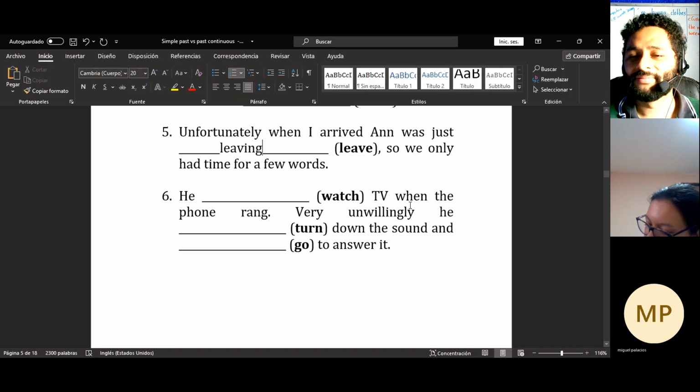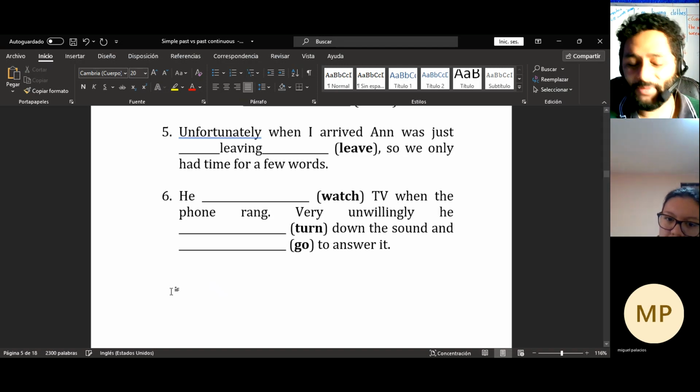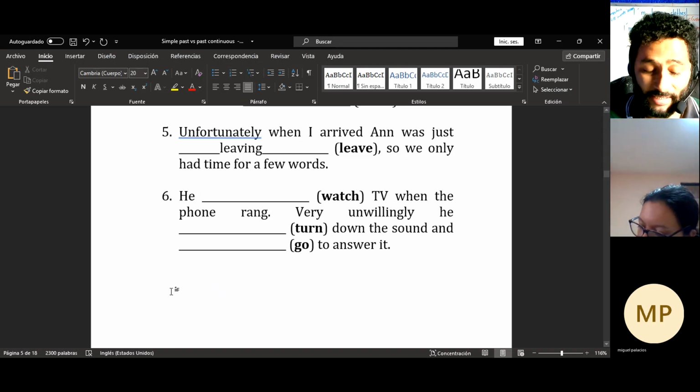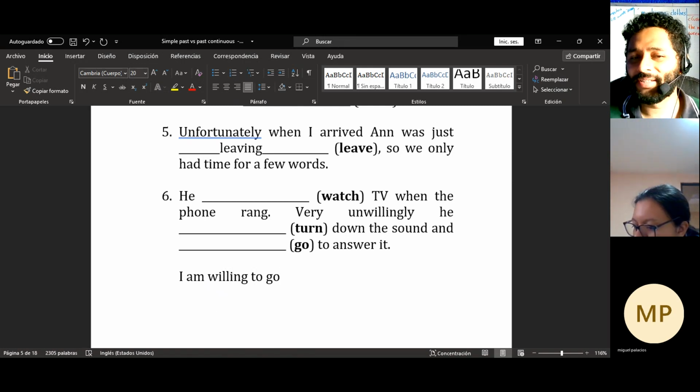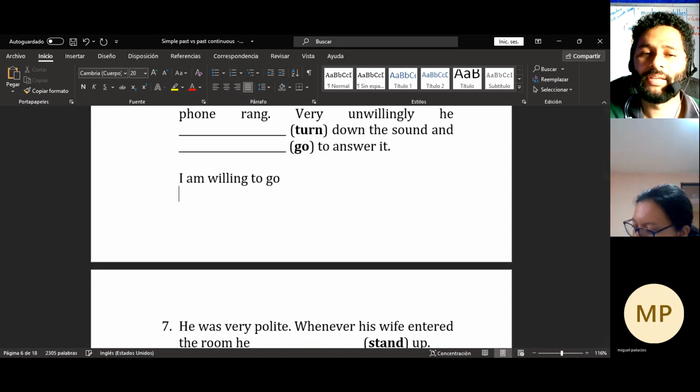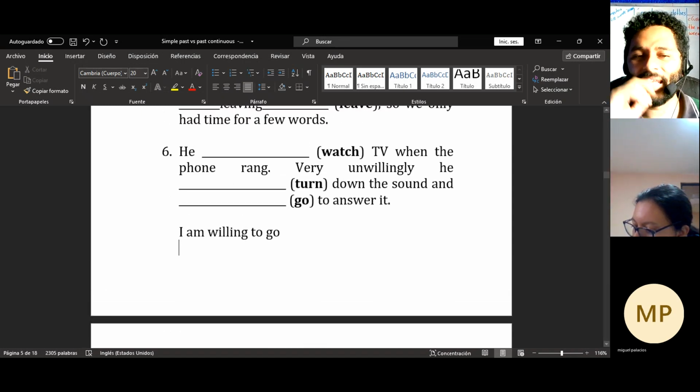I didn't know that. That comes from this phrase, which is, if you say, for example, I'm willing to go. Estoy dispuesto. Willing to. Entonces, estoy dispuesto a ir o I'm not willing to. No estoy dispuesto a. Entonces, unwillingly es sin querer hacerlo.